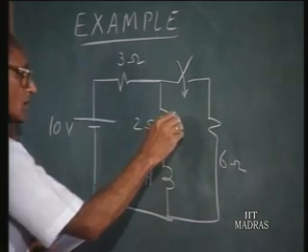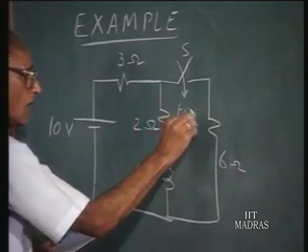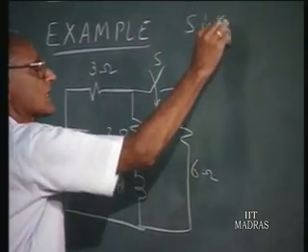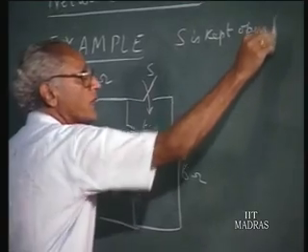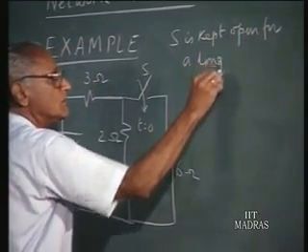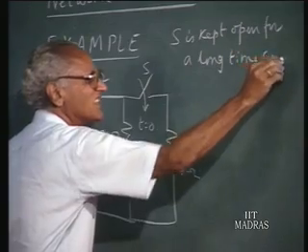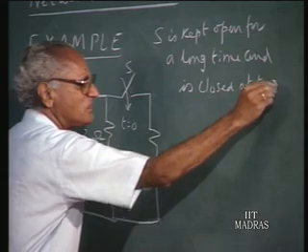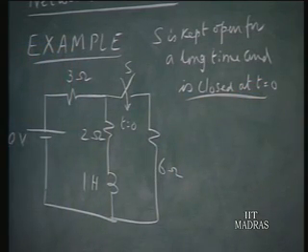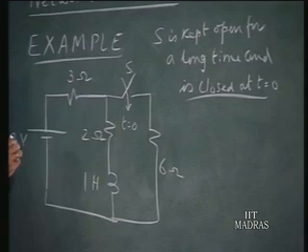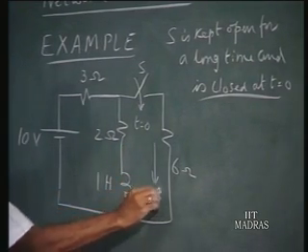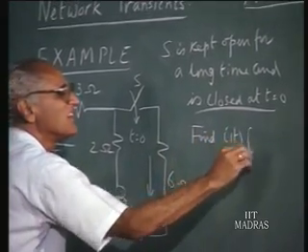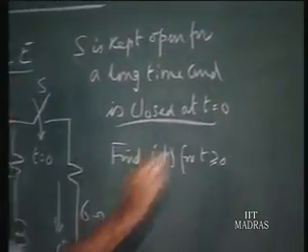The switch is kept open for a long time and is closed at t equals 0. So we are asked to find out i of t for t greater than or equal to 0.